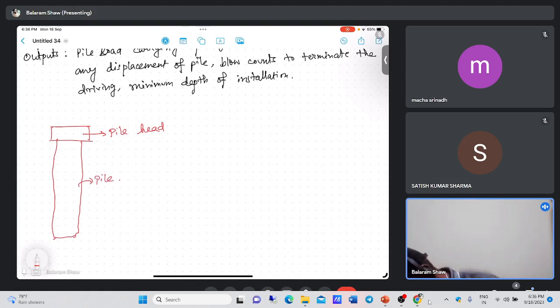Here we will have the strain sensors and acceleration sensors. This side also, and that side also. Let us say this one is the strain sensor, and this one is the acceleration sensor. And here the hammer impact will be there.